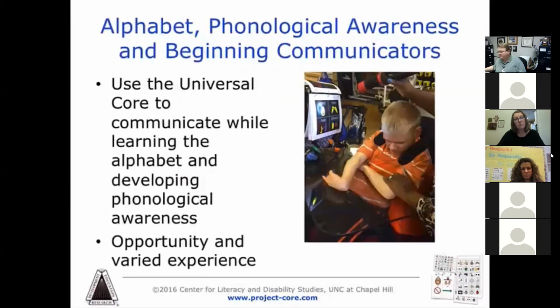In Project Core, our focus is on the development of symbolic communication for students with significant cognitive disabilities who are beginning communicators. For decades, these students have not had access to academic instruction that emphasizes the alphabet and phonological awareness because these students lack many skills that have traditionally been deemed prerequisites to learning abstract symbols like the letters of the alphabet.